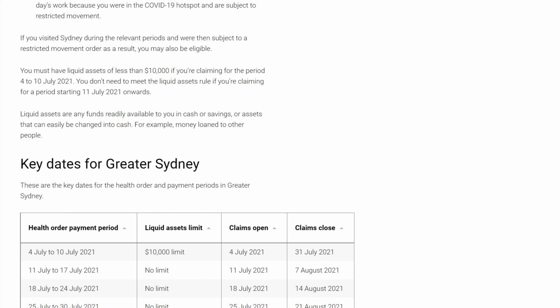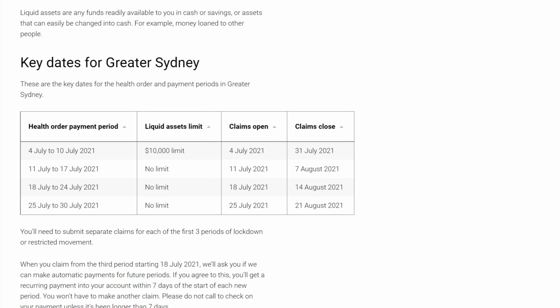Similarly, the first week for these areas is from 4th July to 10 July, and you have the liquid asset test for the first week of $10,000. So if you do not have liquid assets of $10,000, then you can apply for payment, and the claims open on 4th July and close on 31st July 2021.